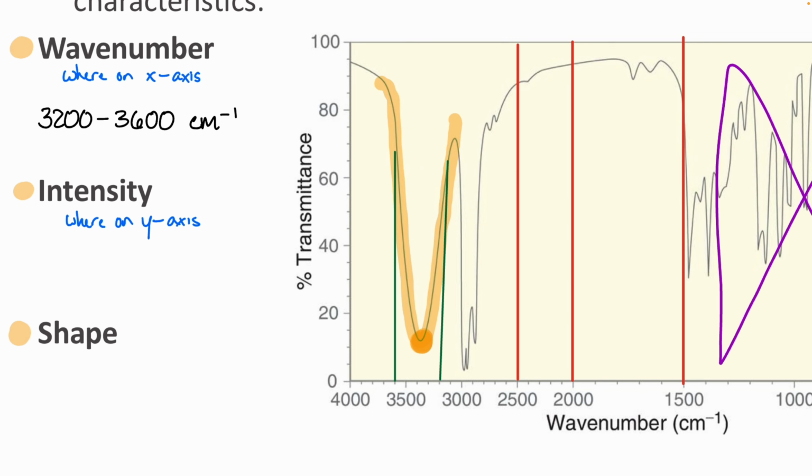So step one, the wave number of your peak. Step two, the intensity of the peak, so just how much it's being absorbed. And they don't really put a numerical value on that. I could say, oh look, my percent transmittance is 10% here. But really, they throw it into one of three buckets in terms of intensity. Your intensity is either weak, moderate, or strong.